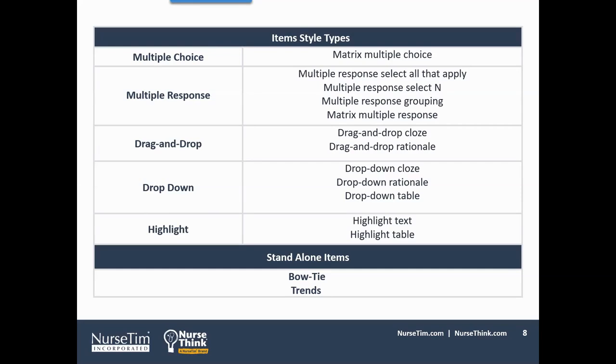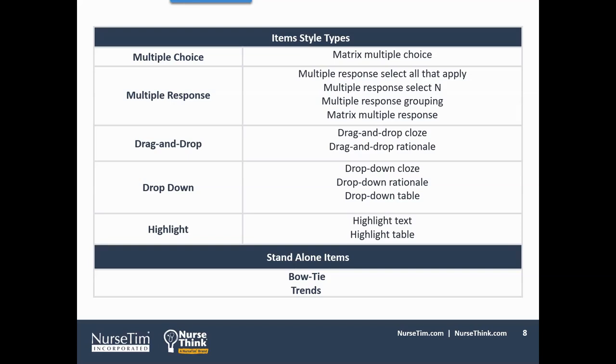Standalone items that are posted at the bottom of this table are going to be items that are not a part of the 6-question case studies that students are going to be receiving. A standalone item is just a single item, but it measures multiple components of the clinical judgment measurement model layer 3.